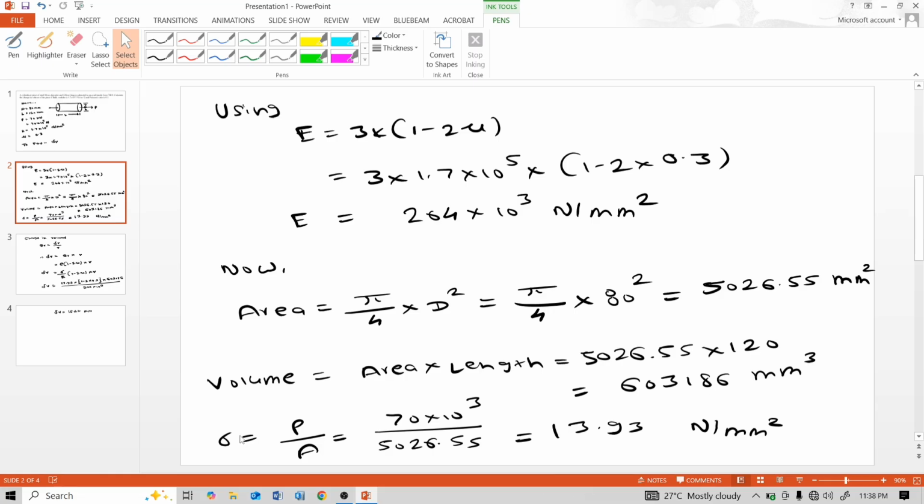The relation between stress and area is inversely proportional: if area increases, stress decreases; if area decreases, stress increases. Stress is the stress acting on that bar after the axial tensile force is given to it.